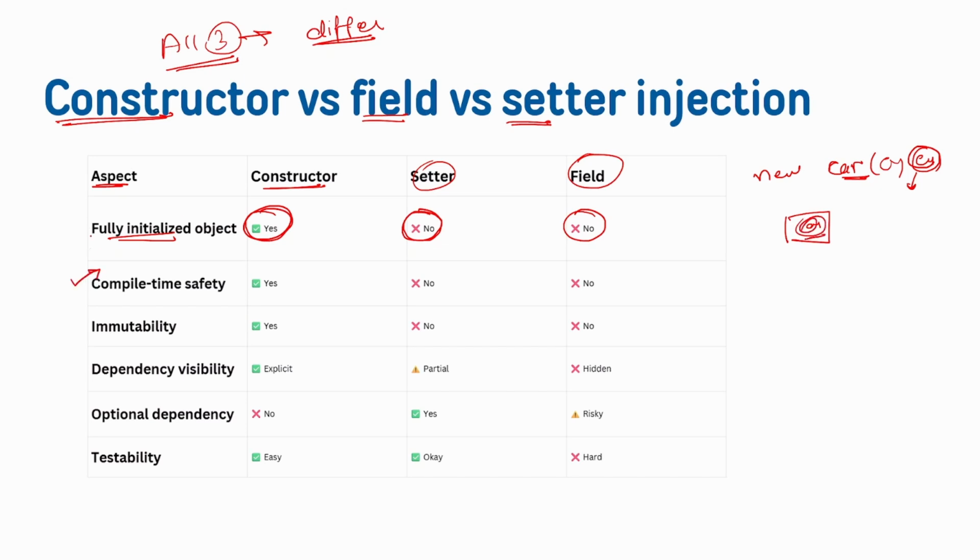Next, constructor injection provides compile time safety, because if the dependency is missing, car cannot be created and it gives us a compile time error.